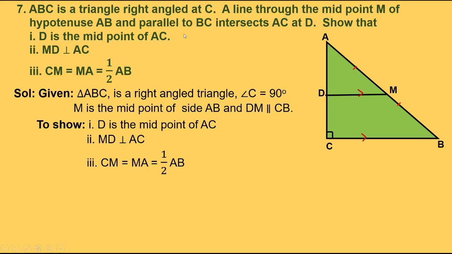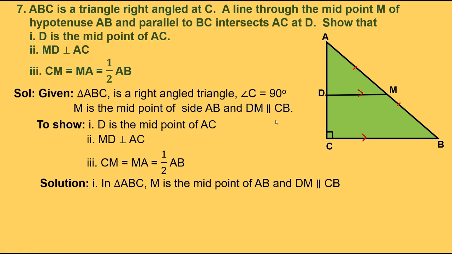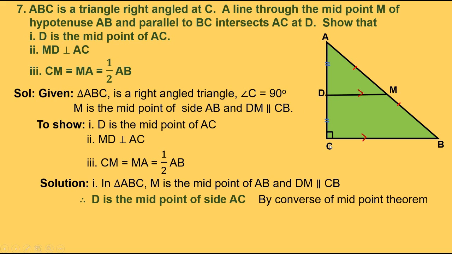Solution: in triangle ABC, M is the midpoint of AB and DM is parallel to CB. Therefore, D is the midpoint of side AC by converse of midpoint theorem. Again, DM is parallel to CB and AC is the transversal.